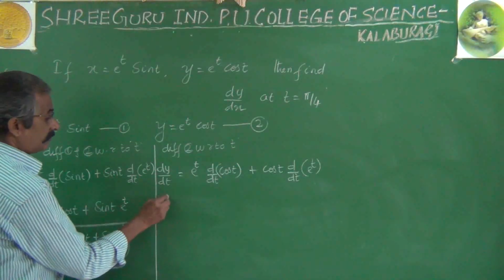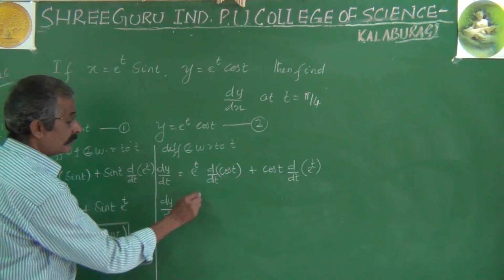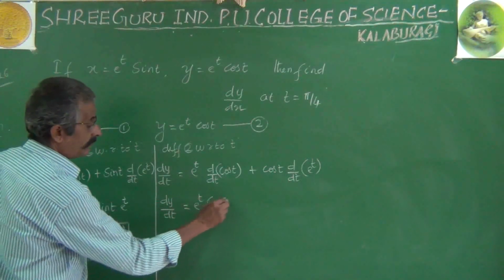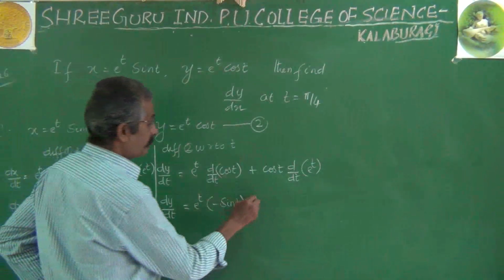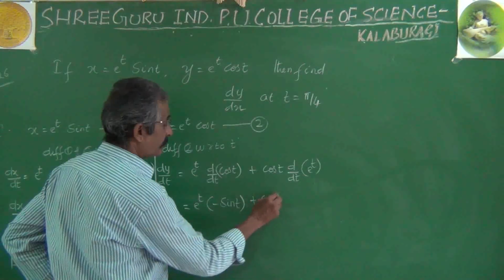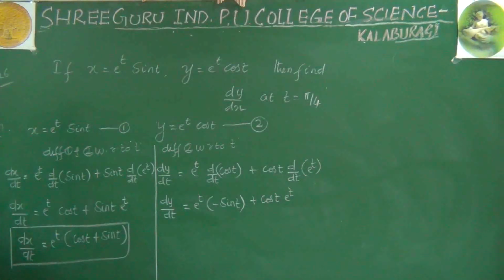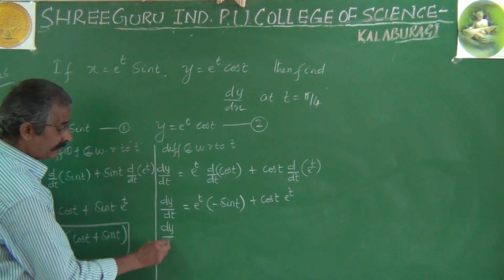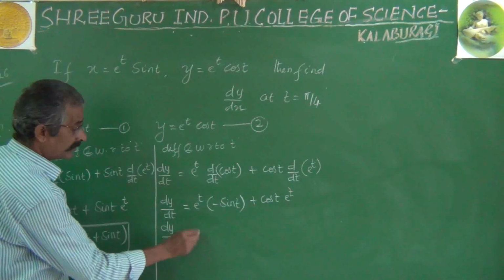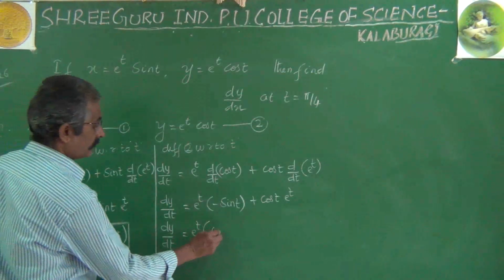Or dy by dt equals e raised to t into differentiation of cos t, which is minus sin t, plus cos t into differentiation of e raised to t, which is e raised to t. We can take a common factor e power t on the right hand side. Hence dy by dt equals, after e power t common, left in the bracket cos t minus sin t.